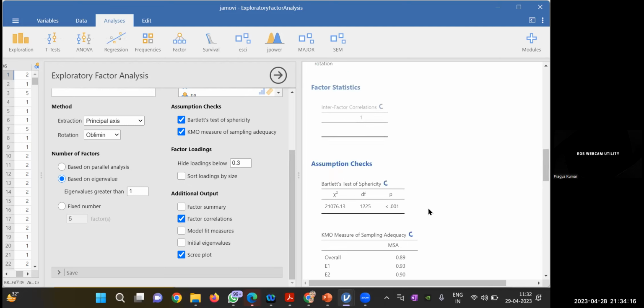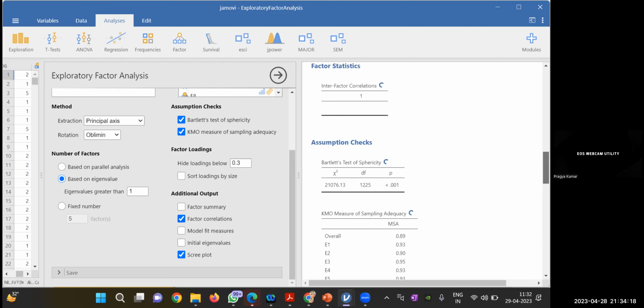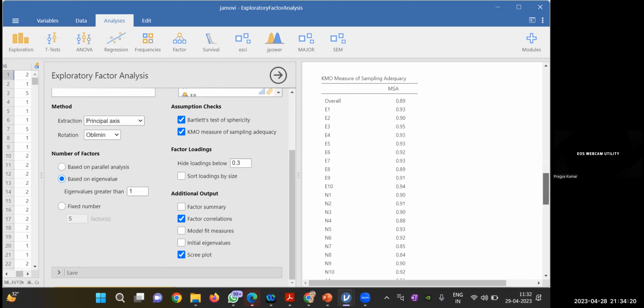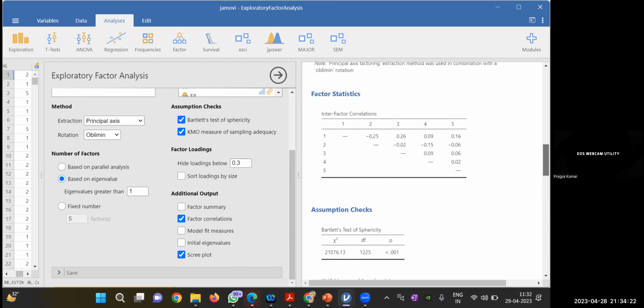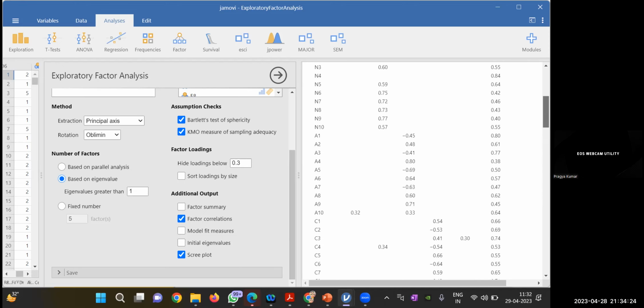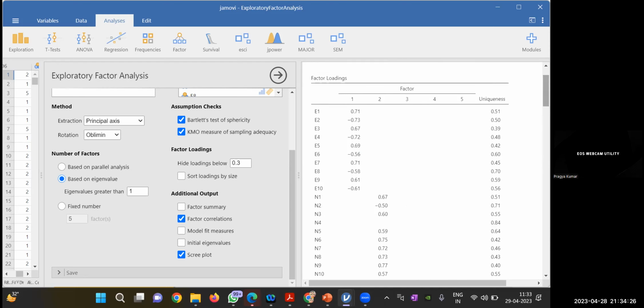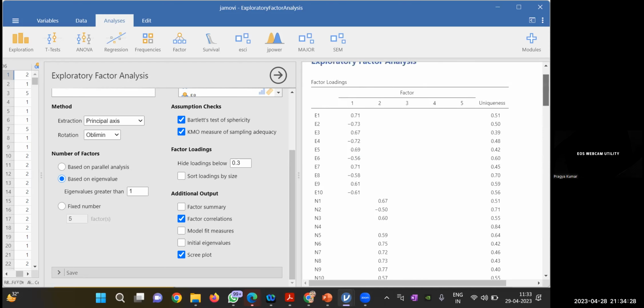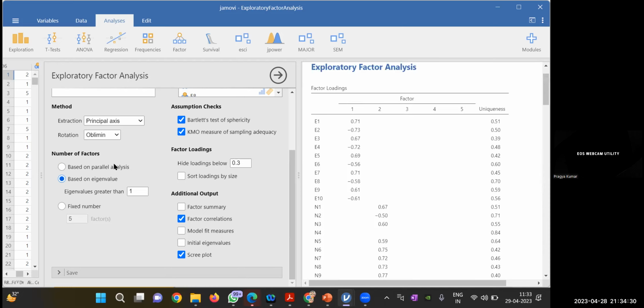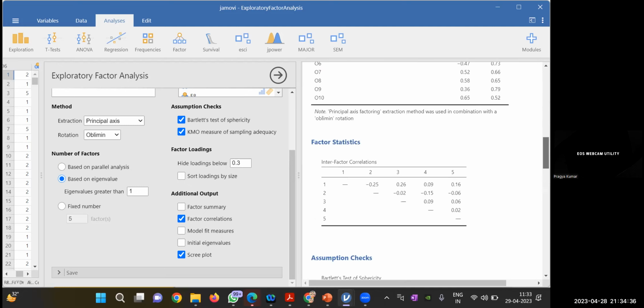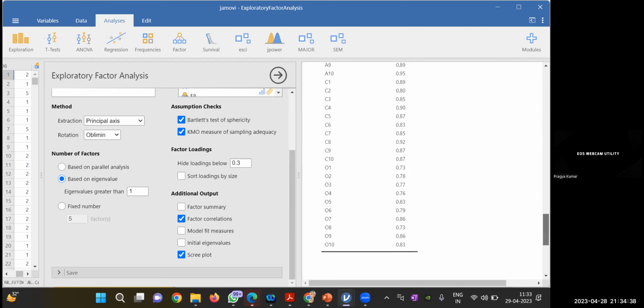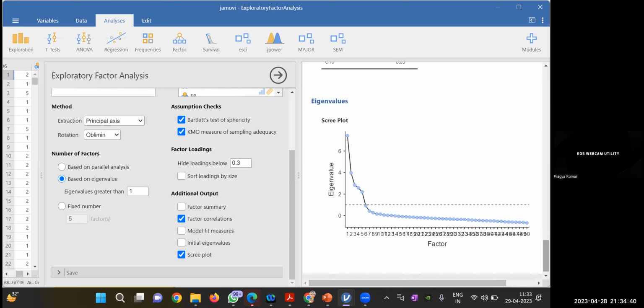That's why I've clicked it. Now coming to this eigenvalue. Yes, first let me explain this. So based on eigenvalue, you can see it has given you 5 factors. And if you see the scree plot, this is the scree plot.